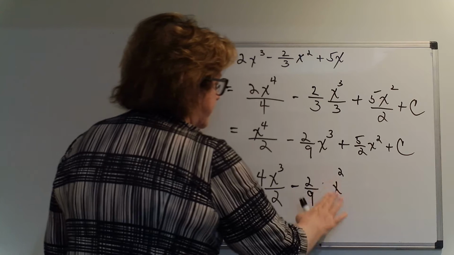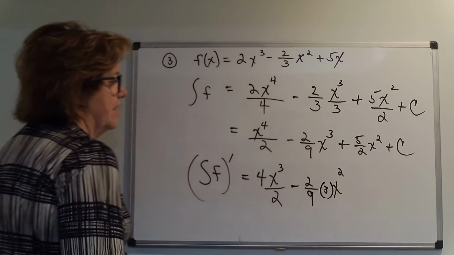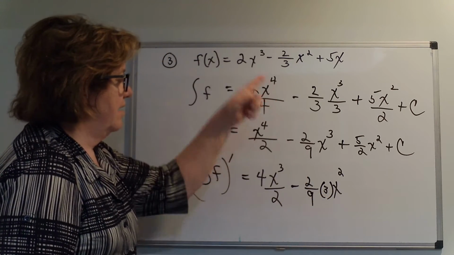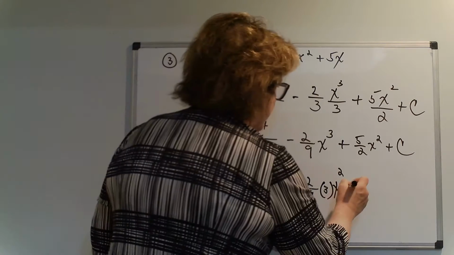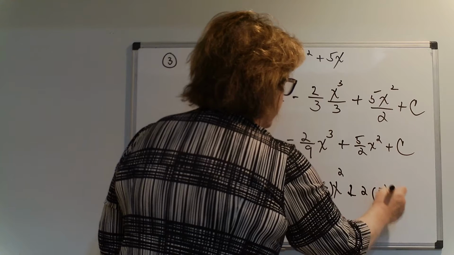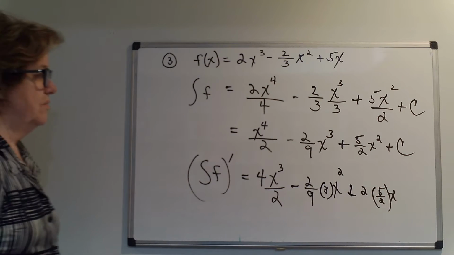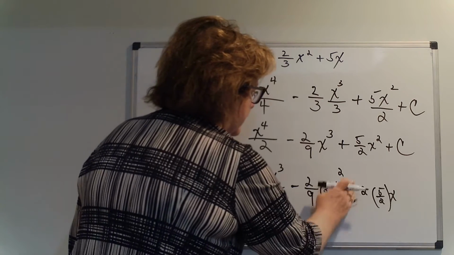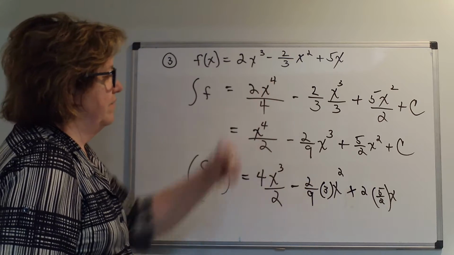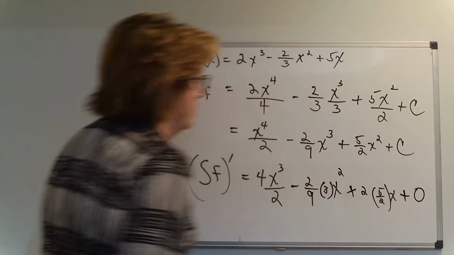So we'd have 3 times 2/9 times x squared. Now this would simplify to 2/3 x squared plus, if we bring the 2 down, 5/2 x to the 1, which when we simplify would be 5x, and then the derivative of a constant is just 0.